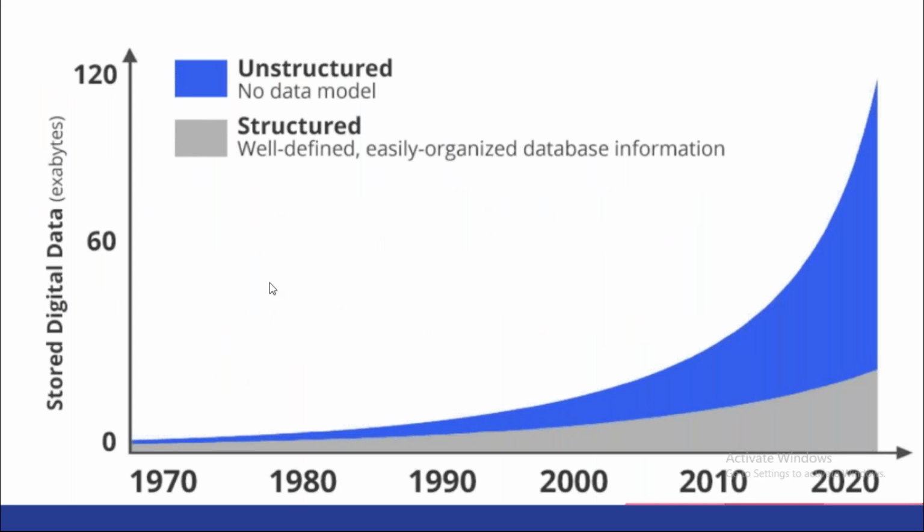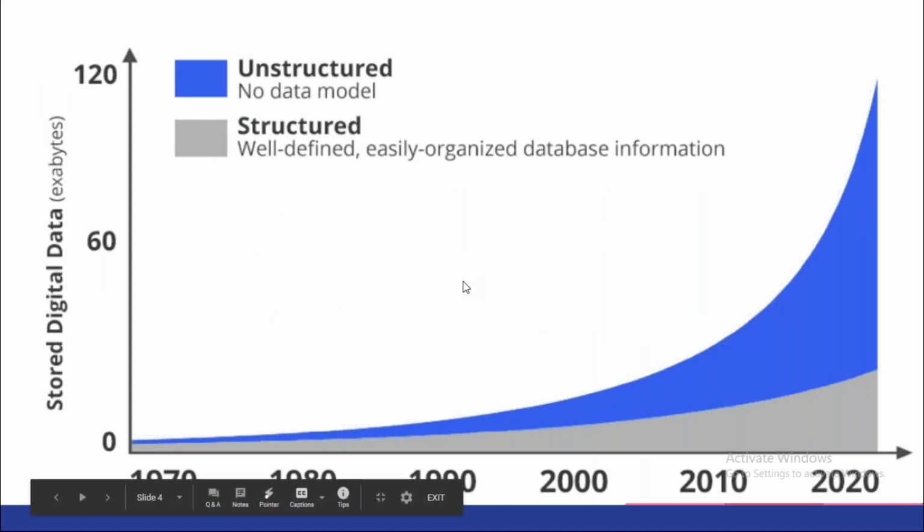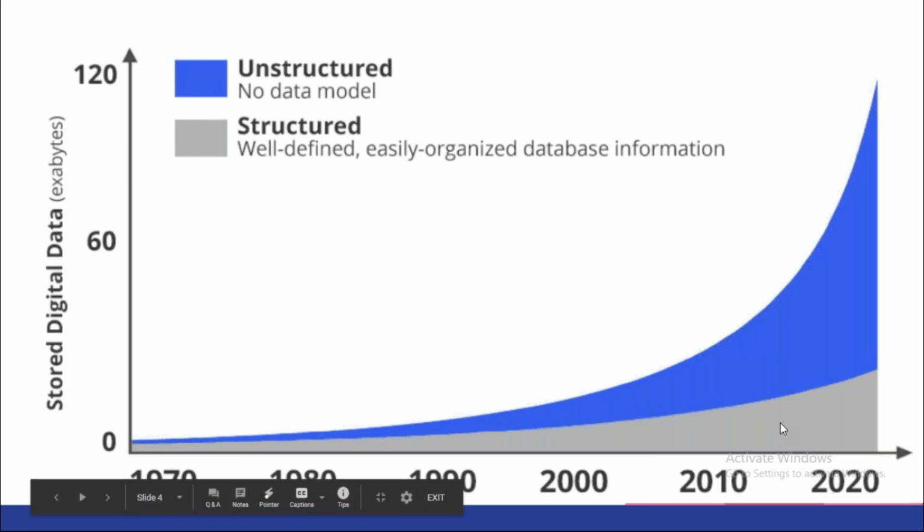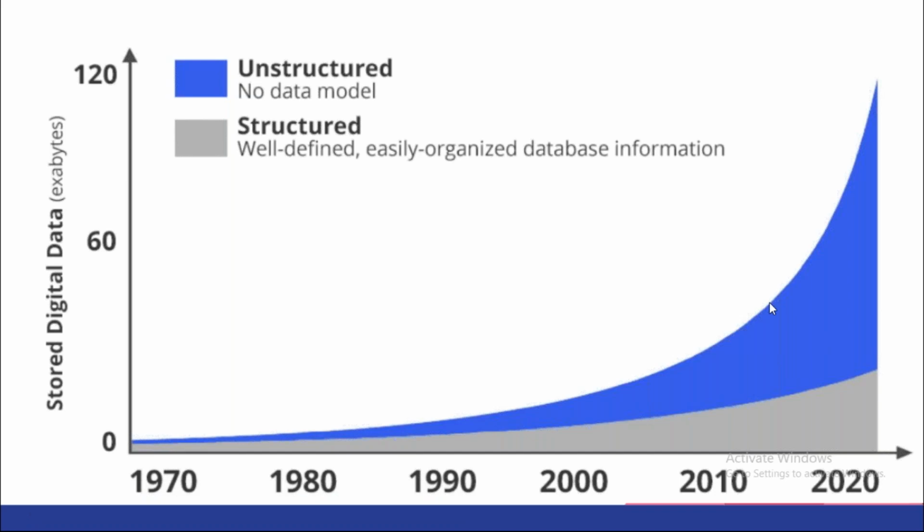As you can see from the 1970s, the growth of unstructured data has been exponential after 2000, and it has been continuously growing. It's almost 80% now. Of the total data being generated, almost 80% is unstructured, and only 20% is structured data. So to deal with this data, we cannot use simple BI tools like Excel or the basic tools that you have available for analysis.